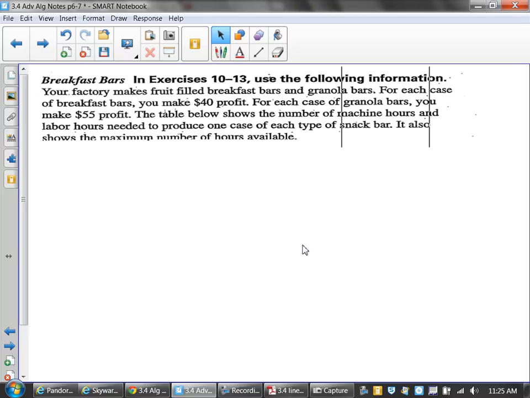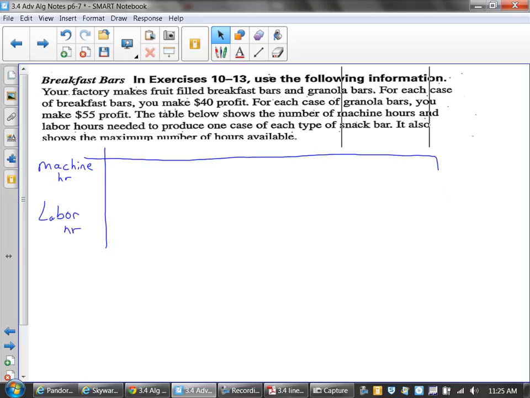The table that goes with this problem, you had a little bit of room to put this in here. You have machine hours. Because you don't have the chart yet. Like I said, when I cut and paste these things, I forgot to put this on here.